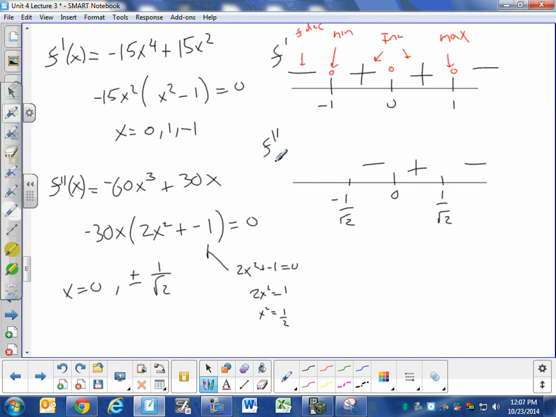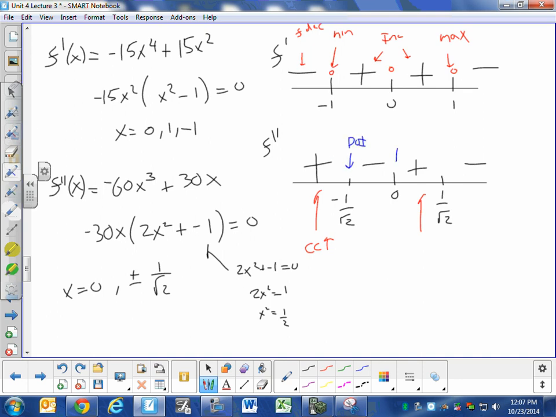And then I look at negative 10. A negative times a negative is a positive. This would be a positive value because you're taking your negative value squared. So positive times a positive, positive. So very interesting. We are concave up from negative infinity to negative 1 over root 2 for my function here. And these would be our points of inflection.